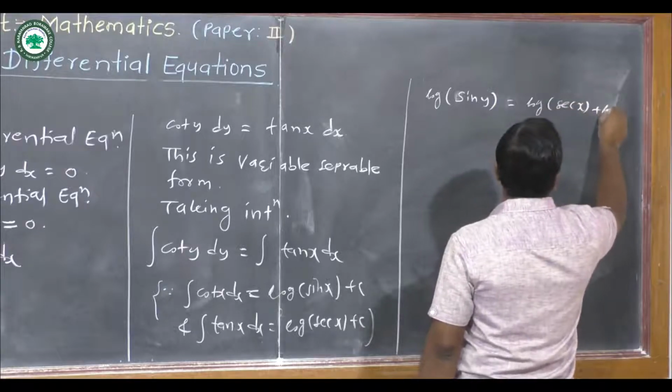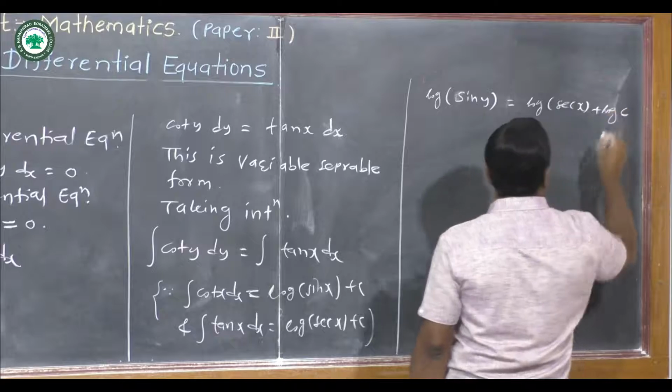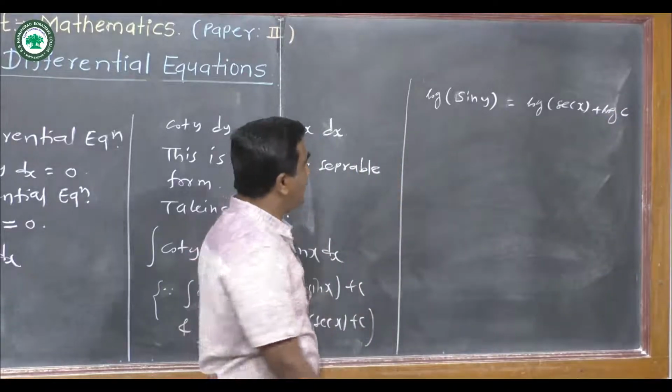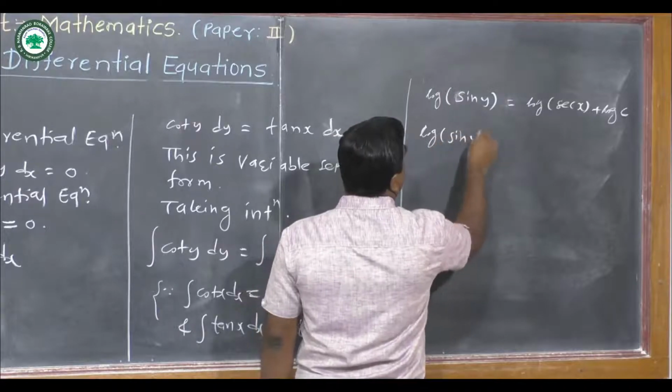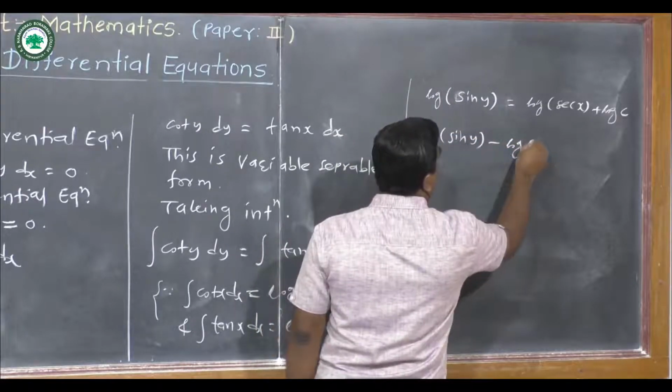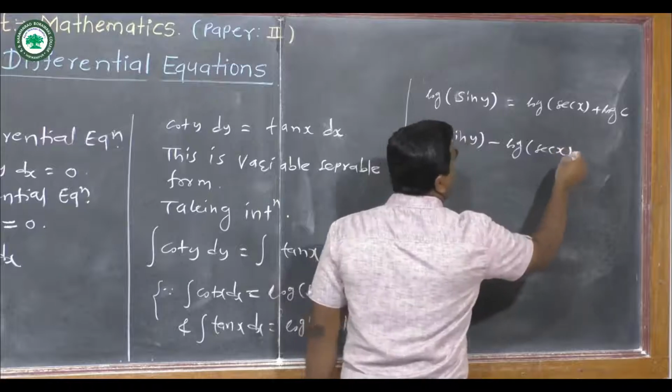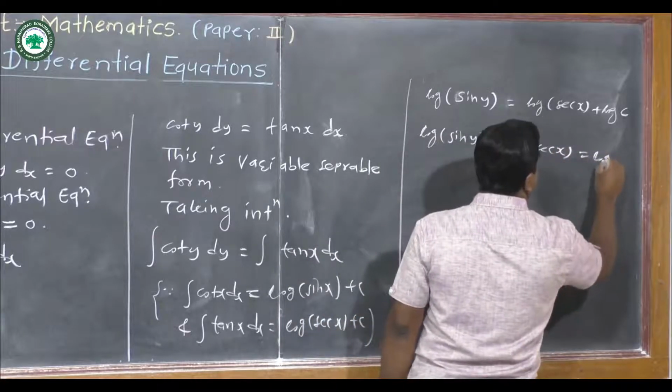We can take the constant of integration as log c. That is, log of sin y minus log of sec x is equal to log c.